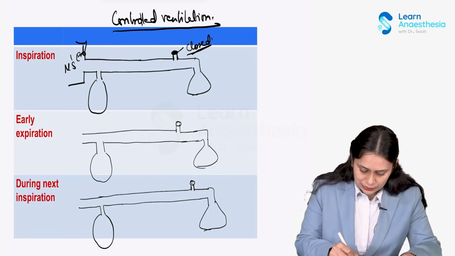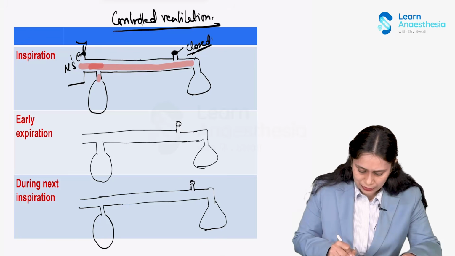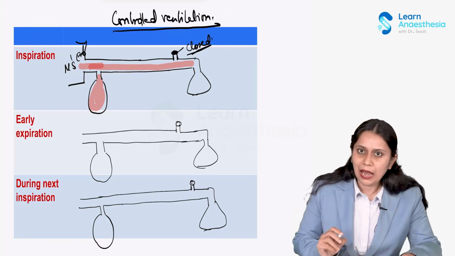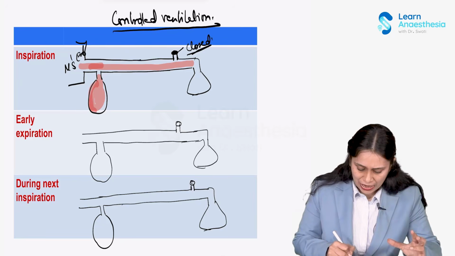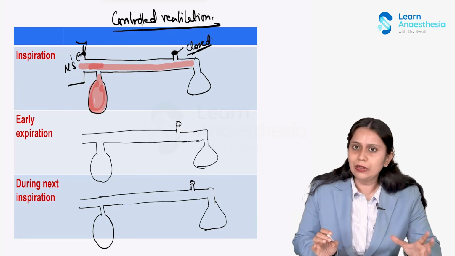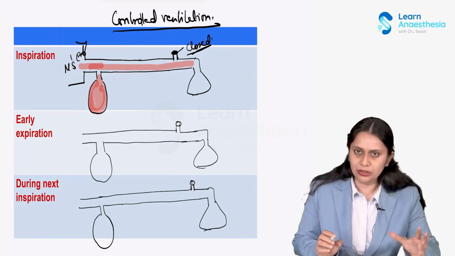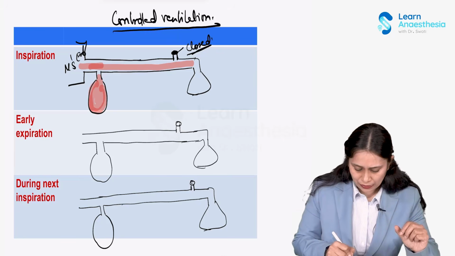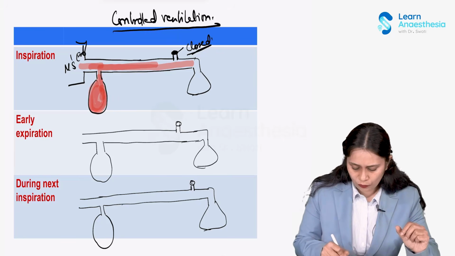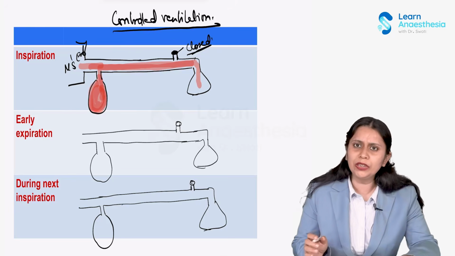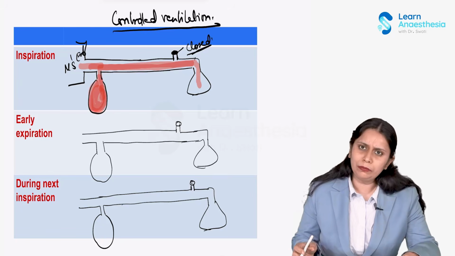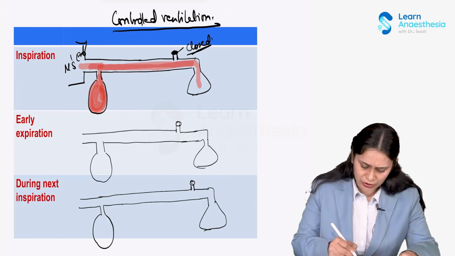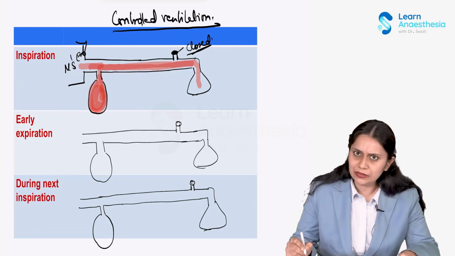Now the circuit is filled with fresh gas, and the bag is squeezed during the first inspiration. The anesthesiologist squeezes the bag, and the gas goes with a positive pressure to the patient. So during first inspiration, all the inspiratory gas is the fresh gas.